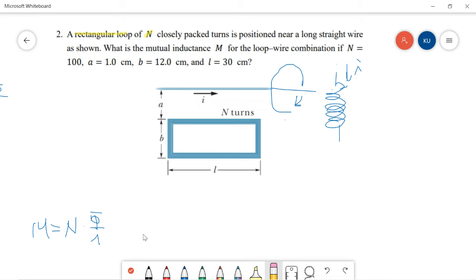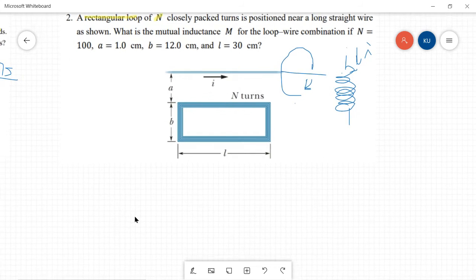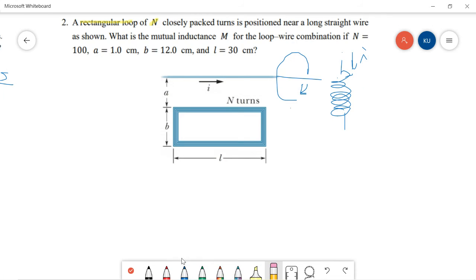Okay, so let's begin our calculation. And actually, we need to calculate phi. N is given, and I is not. I will be cancelled actually. So our target is to calculate the phi, generated by this current.